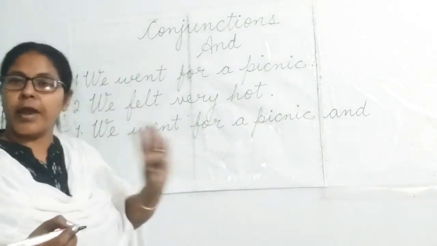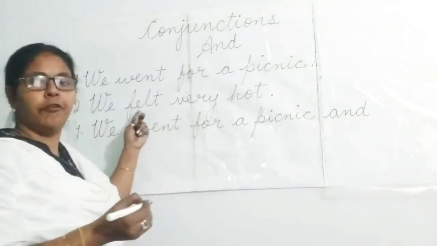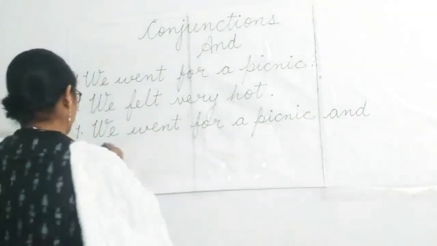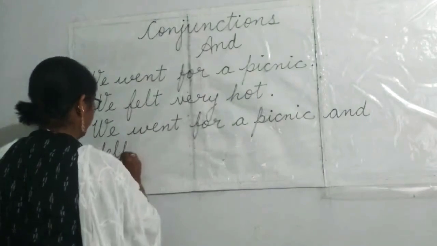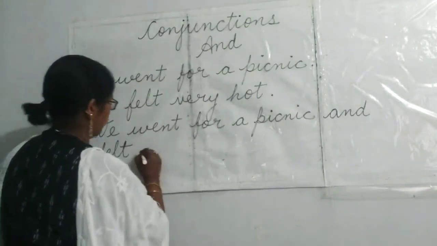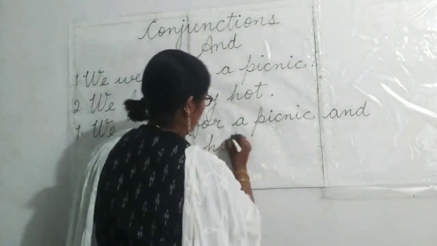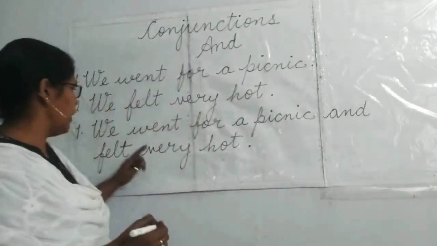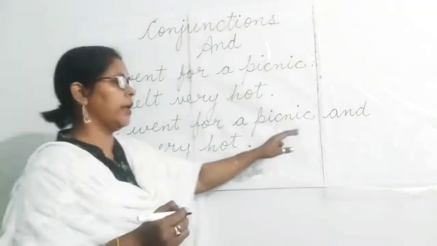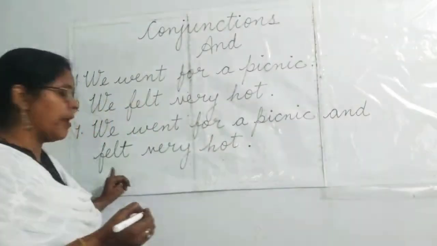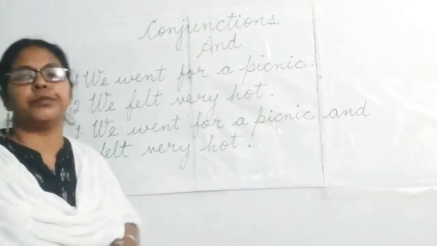So we will not write we, we will start with felt, small letter, okay? Felt very hot. So yeah, we went for a picnic and felt very hot.